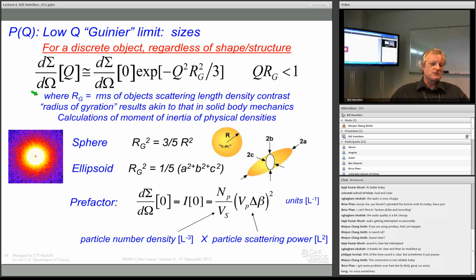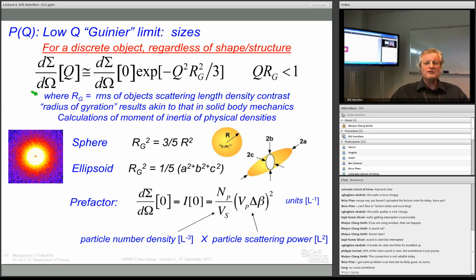And the reason we do that is because the results are exactly the same results that you get in solid body mechanics, and all of the theorems that you can apply in solid body mechanics actually apply as well. So quite often you don't have to do a complicated integral for this thing. You can look it up in a book.